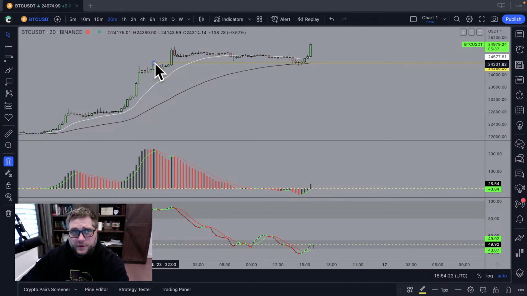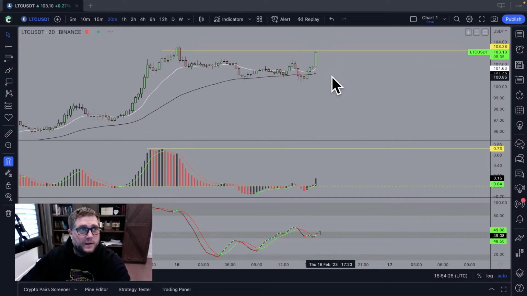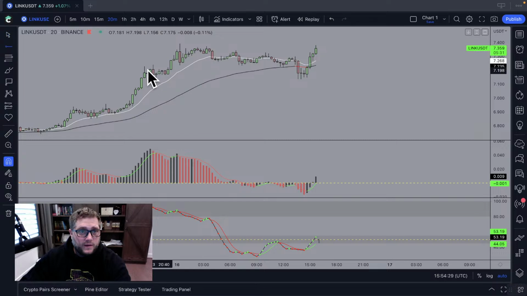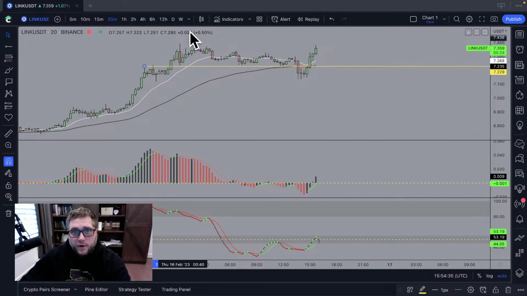But again, here's your divergence on the top three. Let's see, Link right here. We can see Link had a divergence, and look what happened. We have a divergence, oscillator going down, price action going up. So no matter where you took this position, you never made a higher high on the oscillator, and your momentum indicators are pushing down. That tells you that this movement is not staying there.